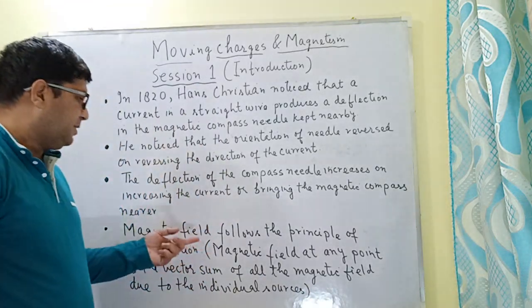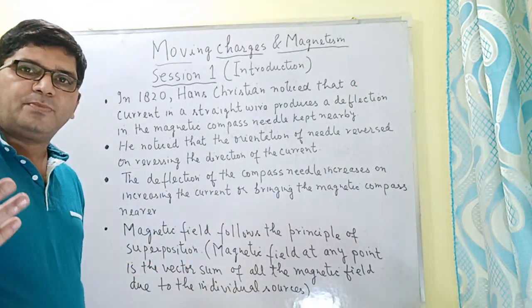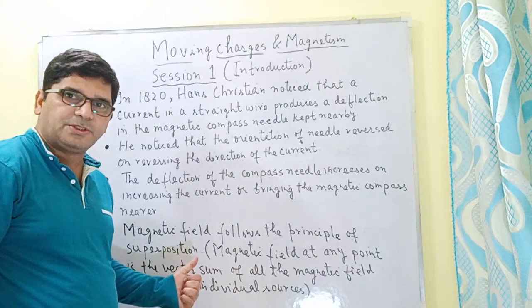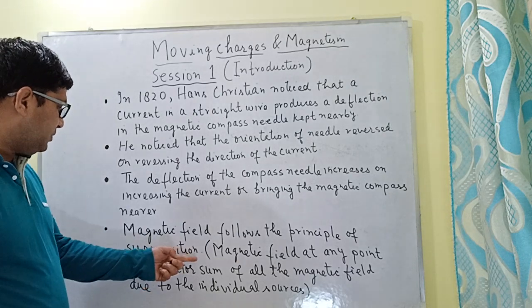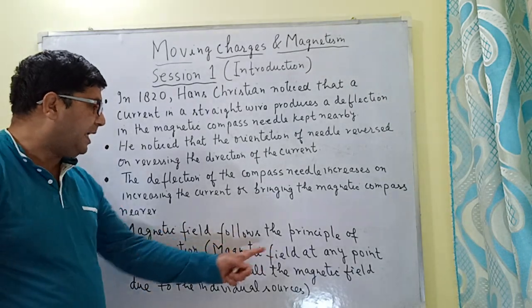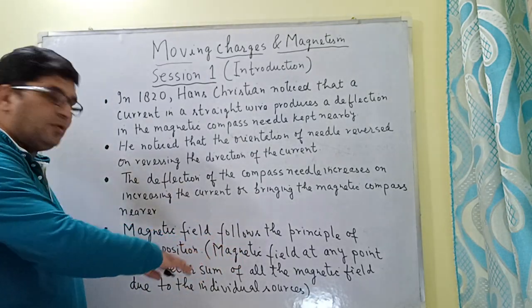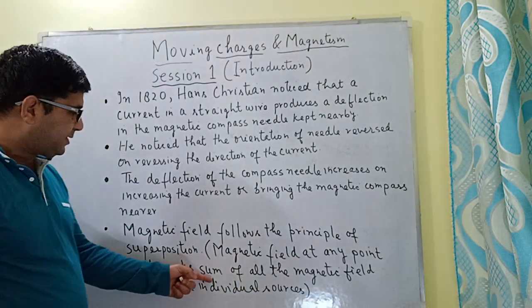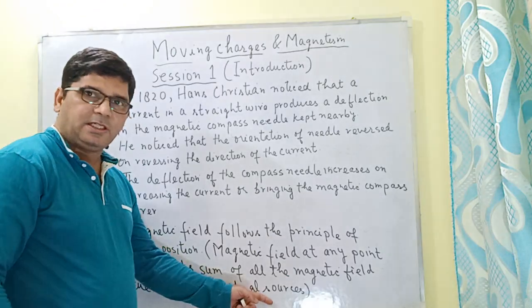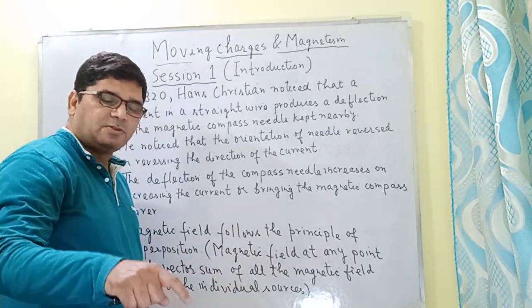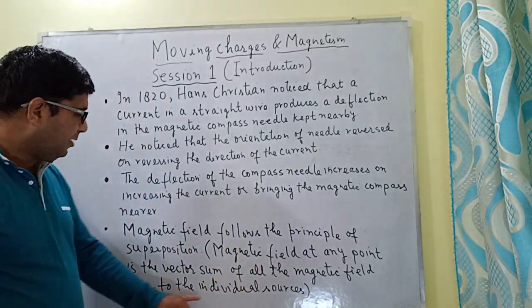We have also studied in chapter number 1 that the electric field follows the principle of superposition. In the same way, the magnetic field also follows the principle of superposition, and the principle of superposition says that the magnetic field at any point due to a number of sources is the vector sum of all the magnetic fields due to the individual sources. The value of the magnetic field at a particular point will be the vector sum of all the magnetic fields due to the individual sources.